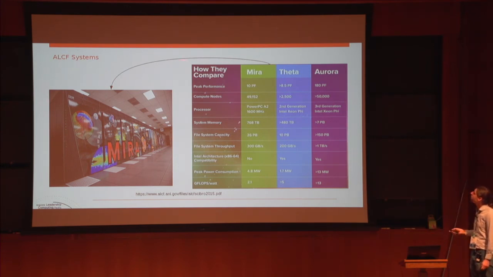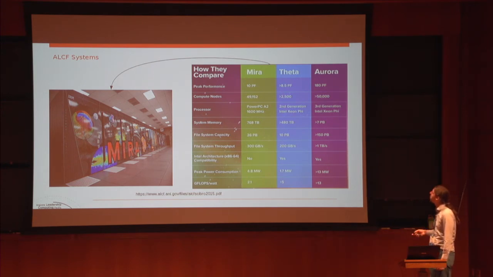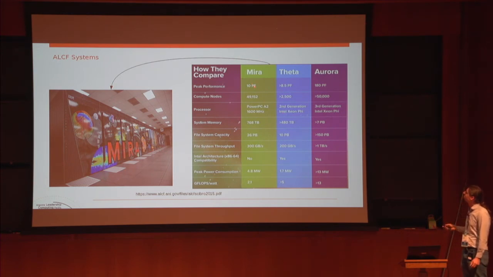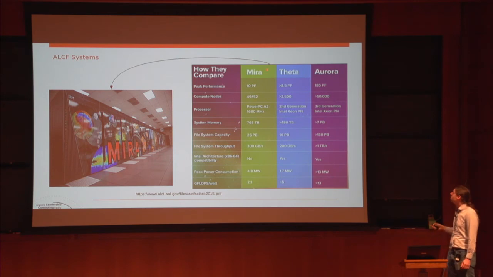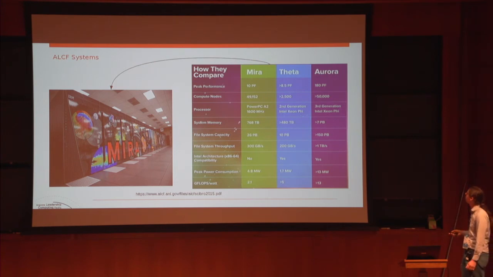So I'm just going to give a quick overview of some of the various upcoming systems and how scientific HPC fits in this space. I'm not going to talk about this in detail, but at ALCF at Argonne, where I work, we have a progression of systems that are typical of modern large-scale systems coming online.